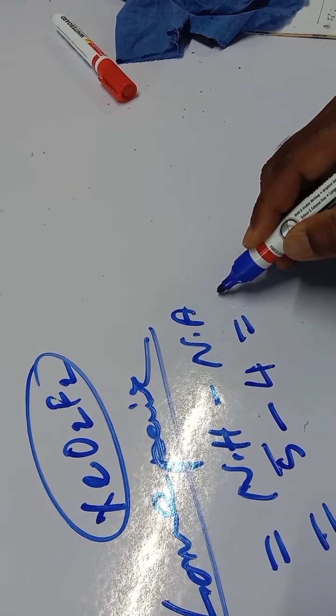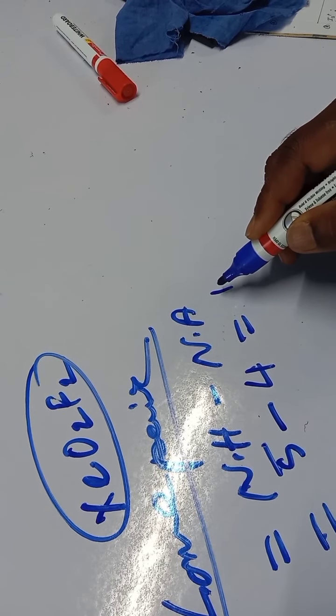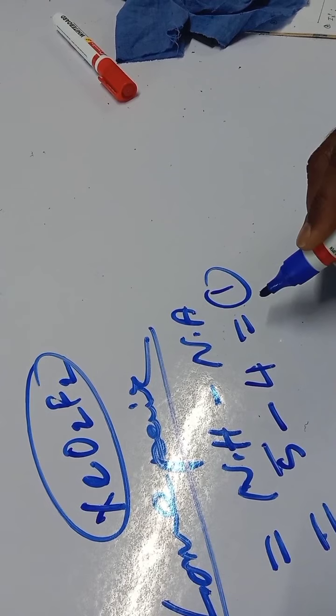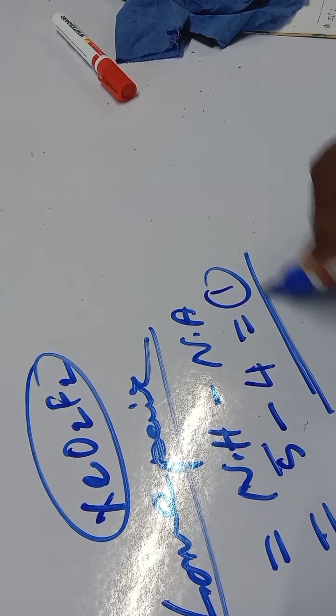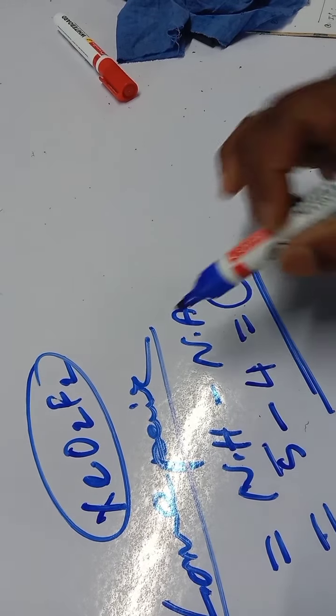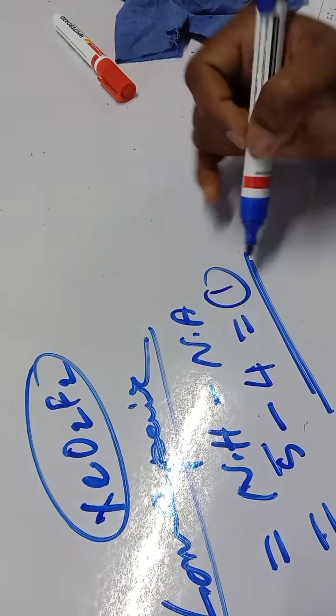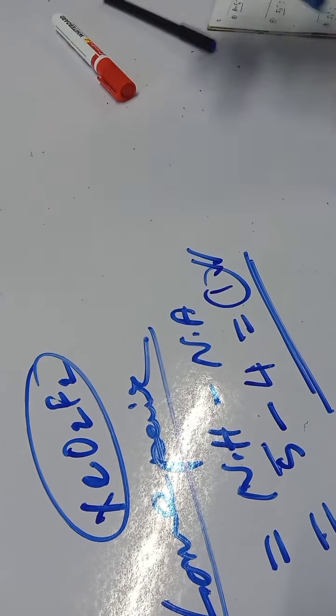So 5 minus 4 equal to 1. The number of lone pair of this species is 1.